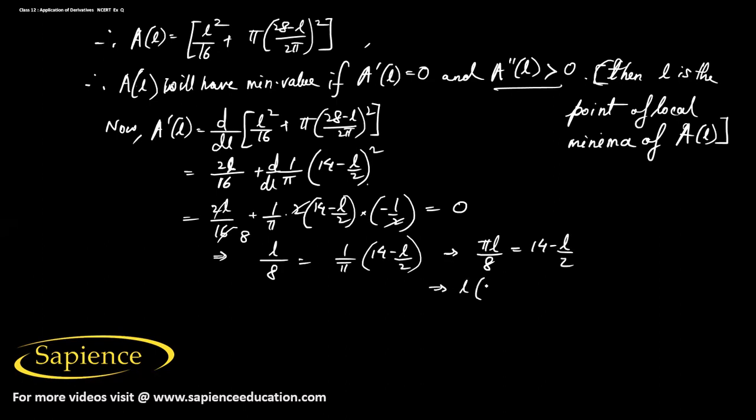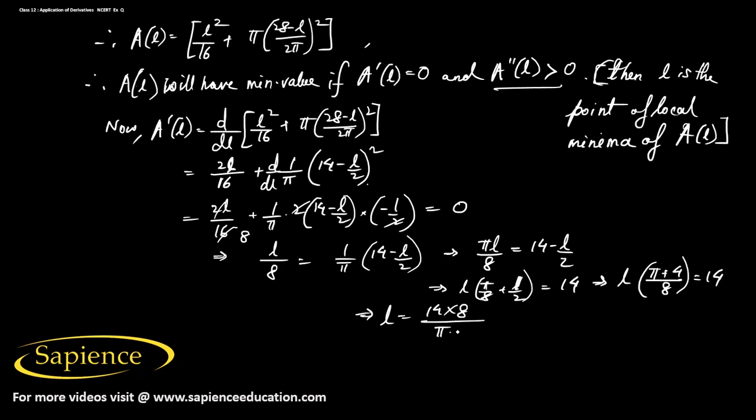Therefore L into pi by 8 plus 1 by 2 is equal to 14. Taking 8 as the LCM, L into pi plus 4 by 8 is equal to 14. So L should be equal to 14 into 8 by pi plus 4.